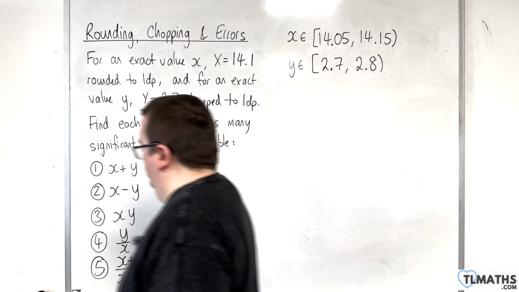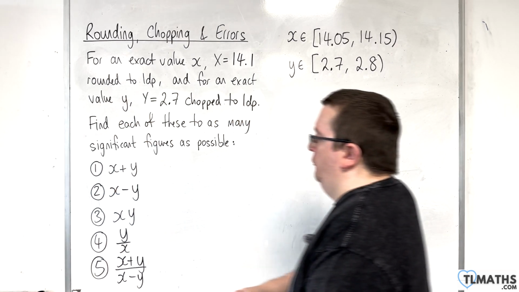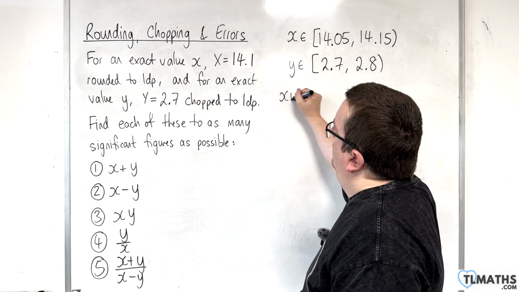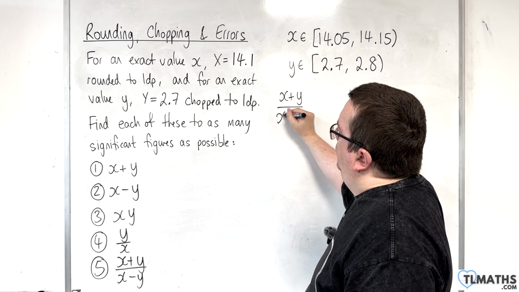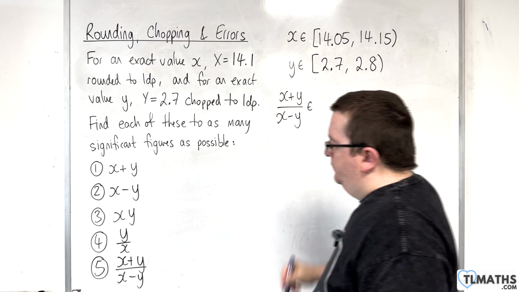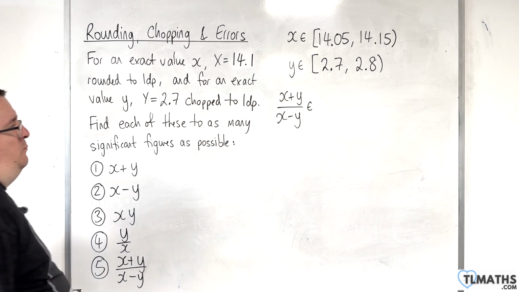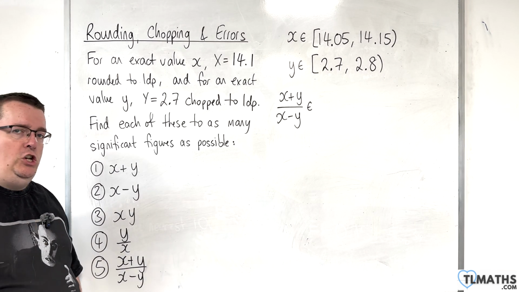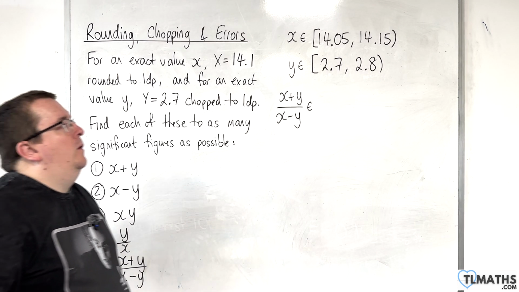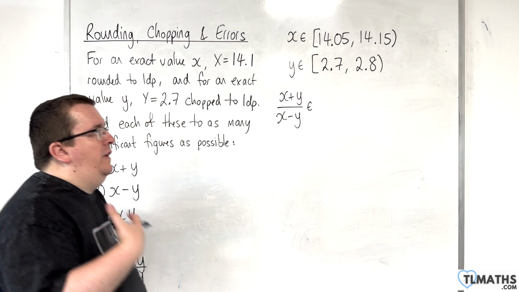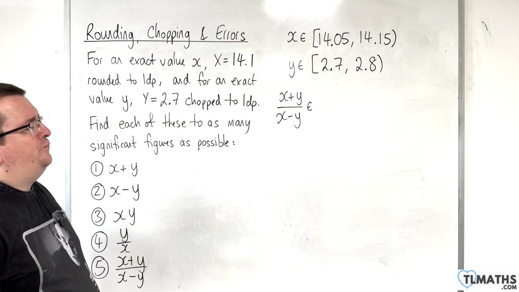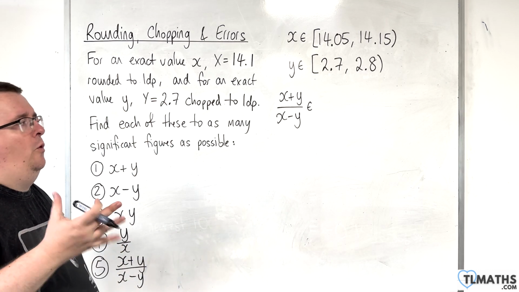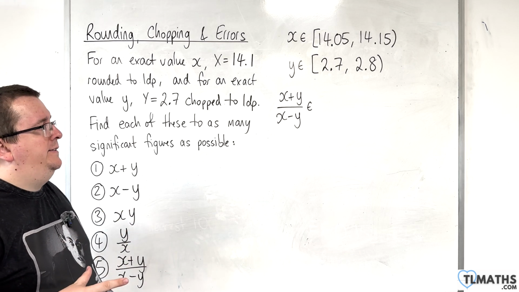So the last one, we have x plus y over x take away y. Now, the problem with this one is that it's not straightforward to know which ones to choose in order to make the smallest and largest values, because we've got x and y's in the numerator and denominator.